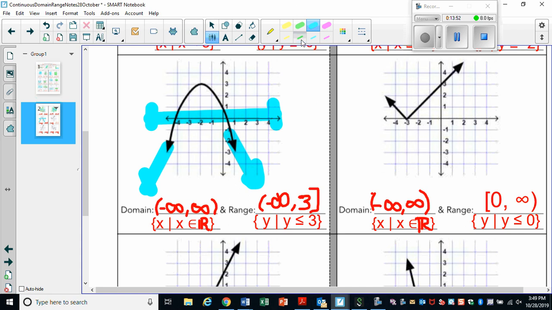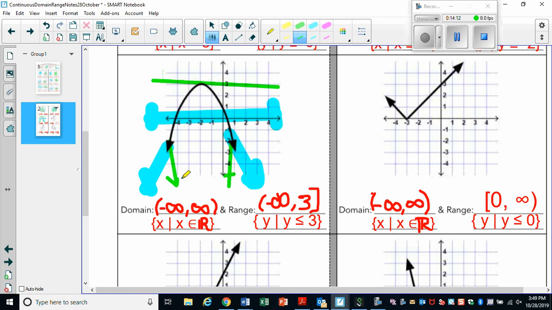Now, the y value, on the other hand, that's a different story. Notice how at y equals 3, that's the highest point for this graph. So we're going to read from bottom to top. Now, again, the arrows go forever and ever down.